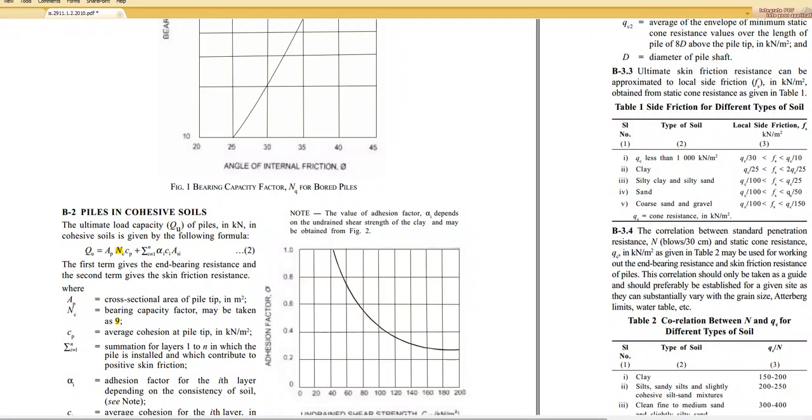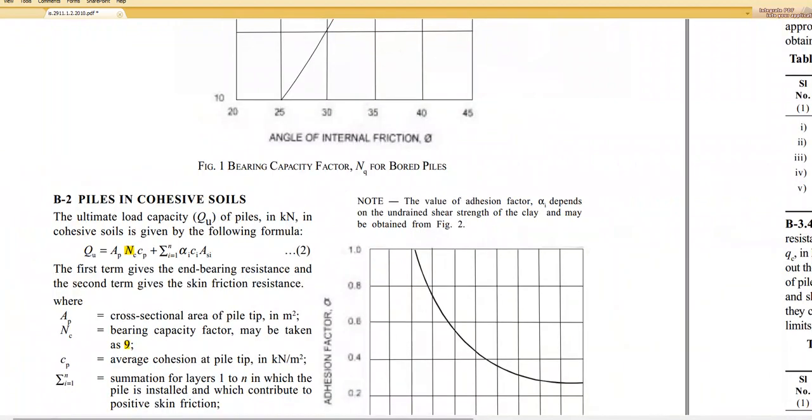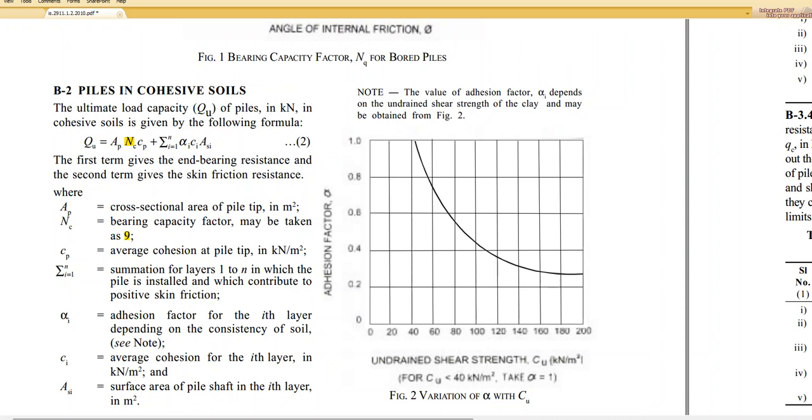Then we have the skin friction expression. In skin friction, we have summation i equal to 1 to n of alpha i Ci into ASI. What is alpha i? Alpha i is to be interpolated from this graph. We have undrained shear strength from the lab test, Cu, in kilonewton per meter square, and based on this value we get alpha. Suppose your C is 80 kilonewton per meter square.